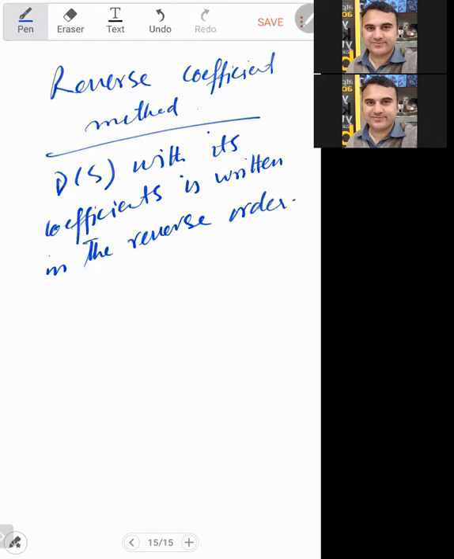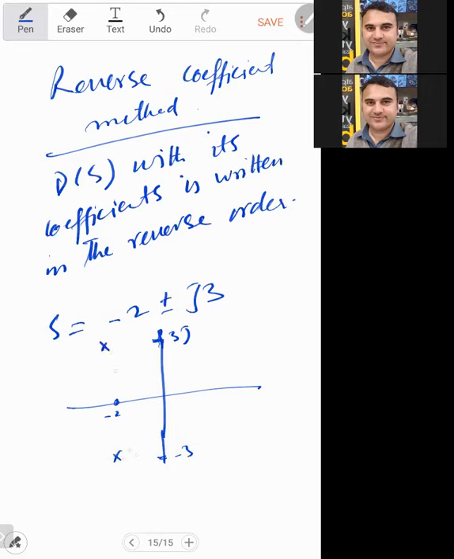Let me show this with a small example. Let's say that we have the roots equal to -2 plus minus j3. If we ask which kind of system this is, you can look at the poles: -2 on the real axis, and on the imaginary axis we have +j3 and -j3. So one pole is here and one is here.